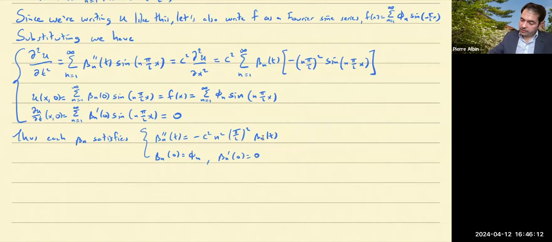Okay, so if we look at this equation, this is now an ODE, constant coefficient, linear. So we know exactly how to solve it. We look at the characteristic equation, which is r squared plus c squared n squared pi squared over L squared equal to 0.